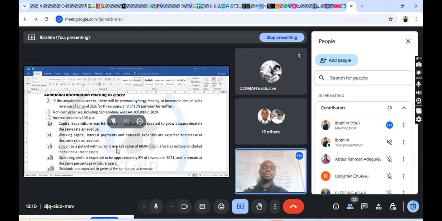Working capital, interest payments, and non-cash expenses are expected to increase at the same rate as revenue. So the working capital will increase at the same rate of revenue, 25%, for the 3 years.